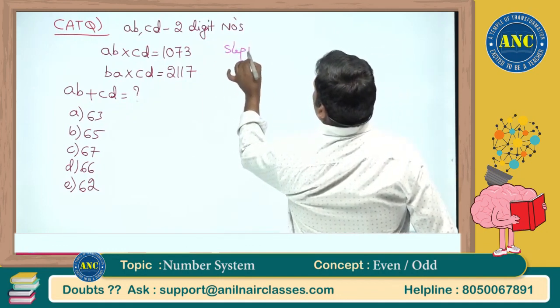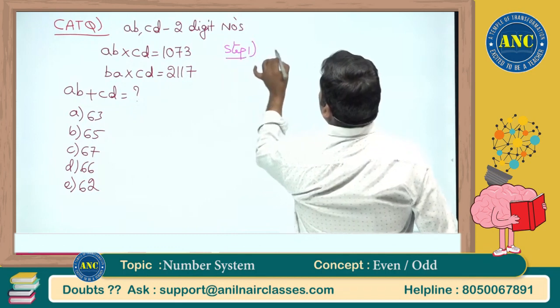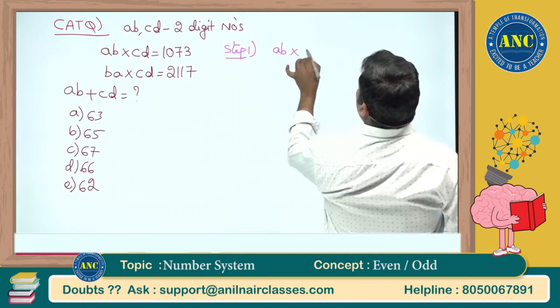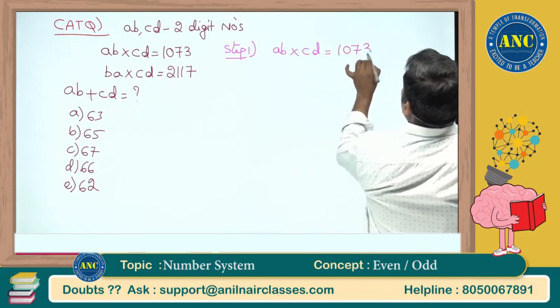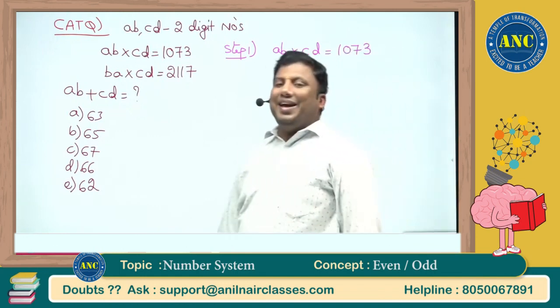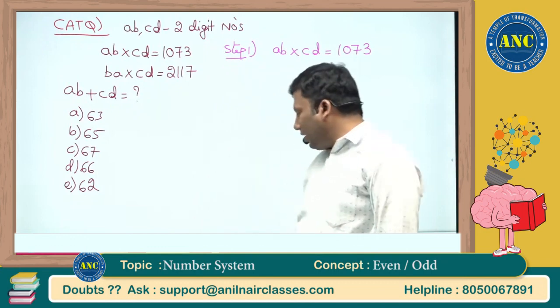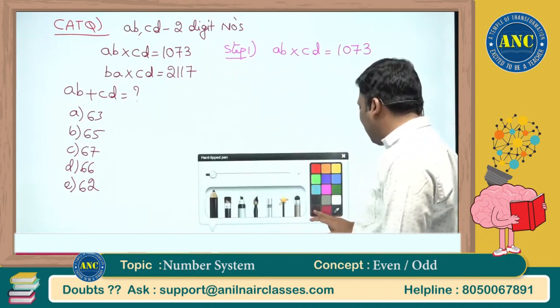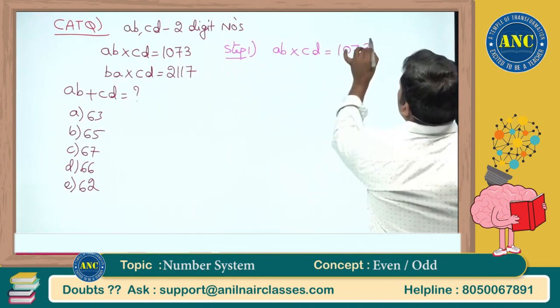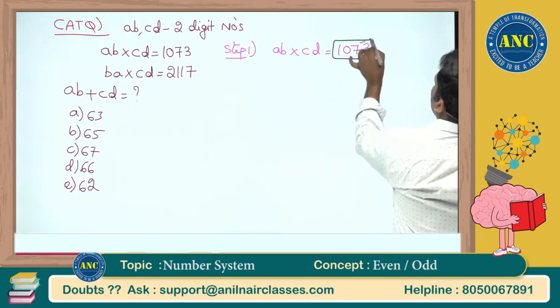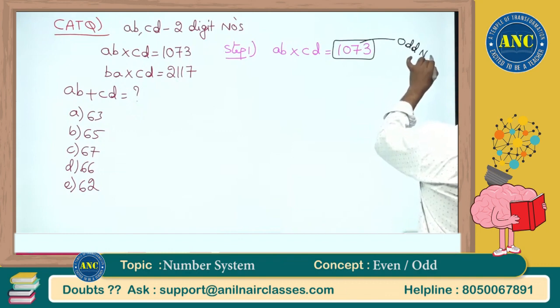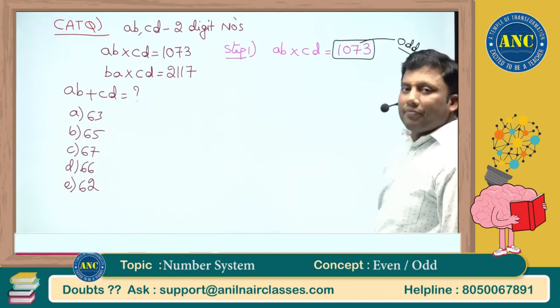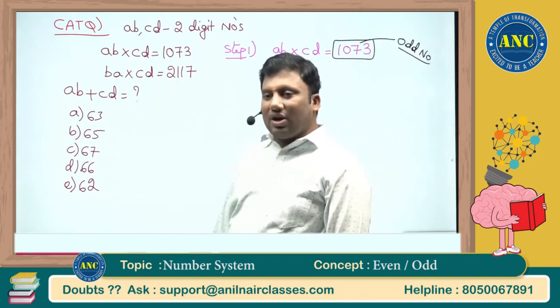Step number 1. Just now we discussed some concept. AB into CD is equivalent to 1073. Listen carefully. 1073 is an odd number.